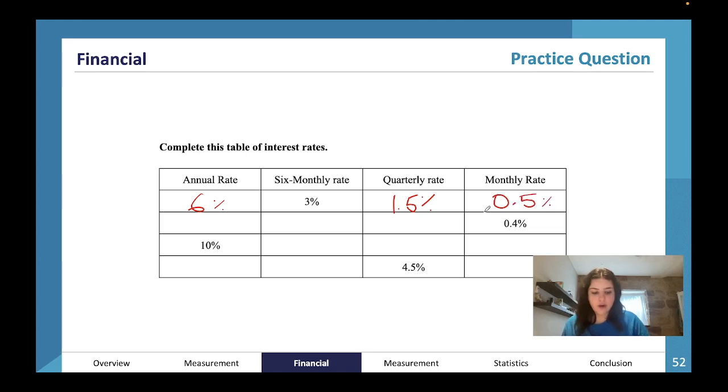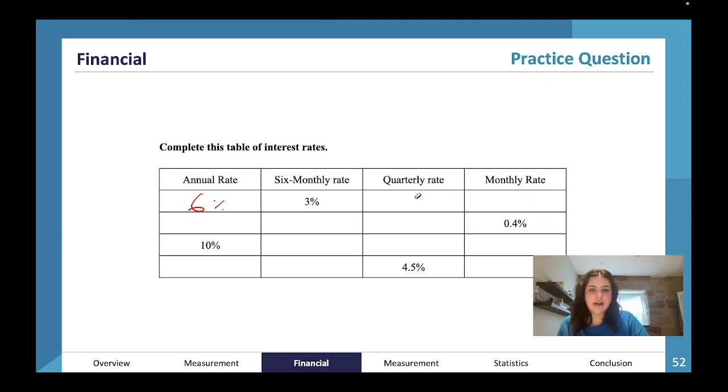Now we have a monthly rate, 0.4%. We're going to divide by 3 to get 3 months, which is a quarter. Hang on, I've got to go back to this one. Let's see if I can erase. I've just realized I've done this one wrong.